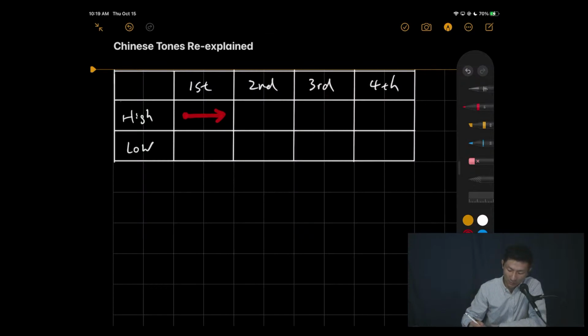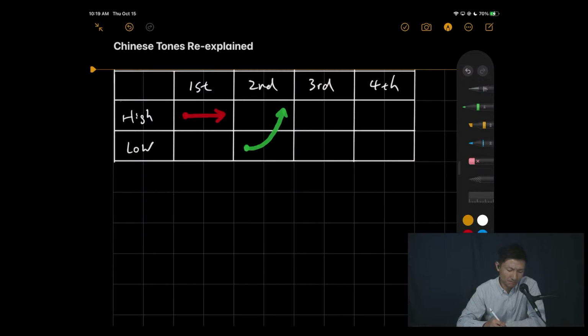Second tone is you start low and you go high. Okay. If you notice, I didn't draw this as a straight line, I drew it as a curvy line, because I looked at something called a spectrogram or Mel spectrogram, which shows the pitch change when you are pronouncing.